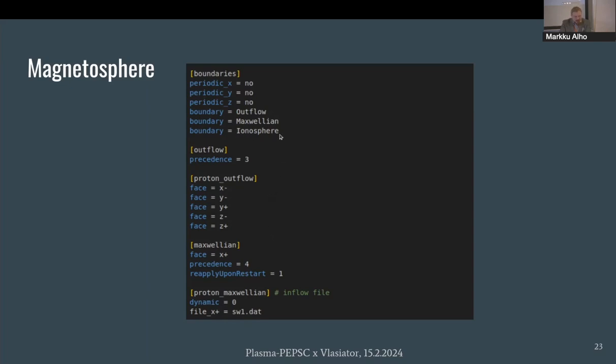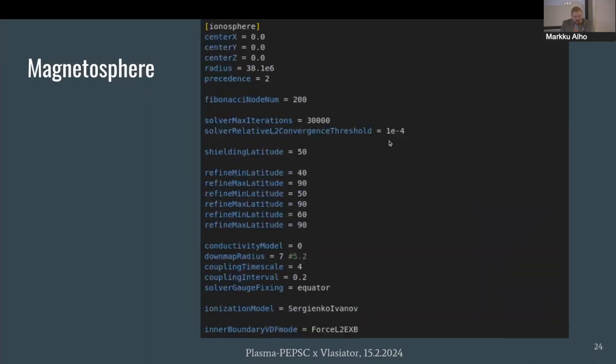And then we have the ionosphere, which has its own settings a bit further down, and there's plenty of them. So this functions as the inner boundary of the Vlasov simulation domain. With some radius, we are about at 5 RE at this moment. Well, here actually is the downmap radius. This is the ionospheric altitude.